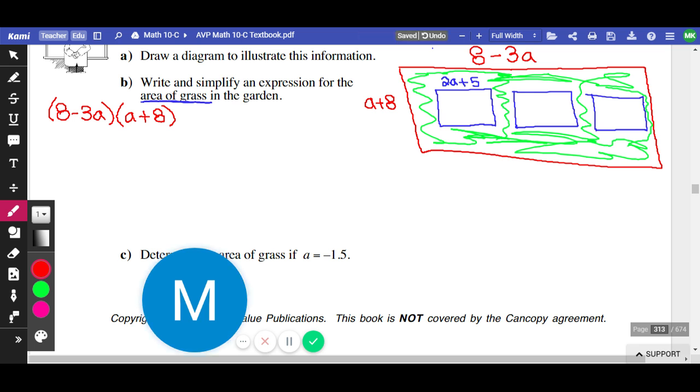You can use any method you want to do that calculation. I'm going to use, actually let's do an area diagram, because it's been a while. So 8 minus 3a across the top, and then a, and then 8 across the bottom.